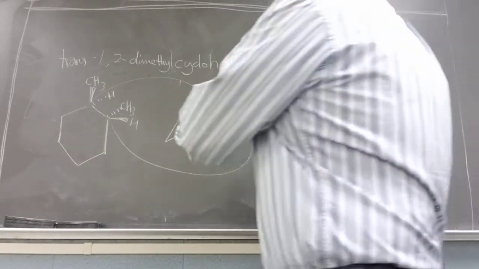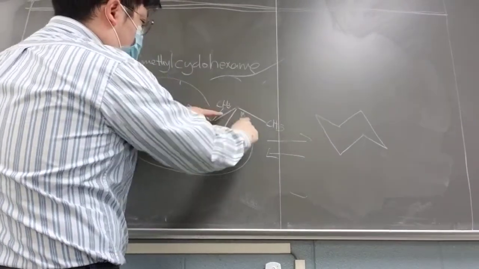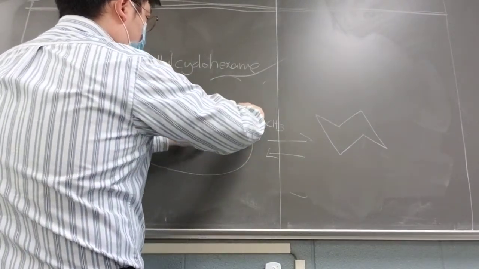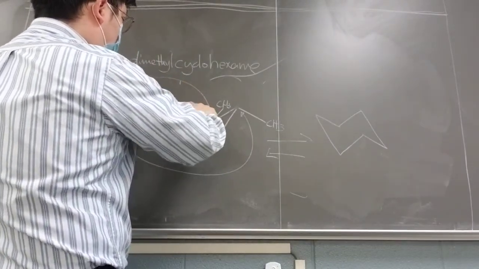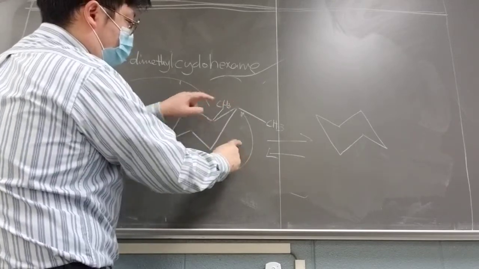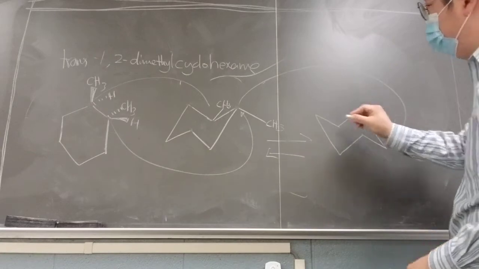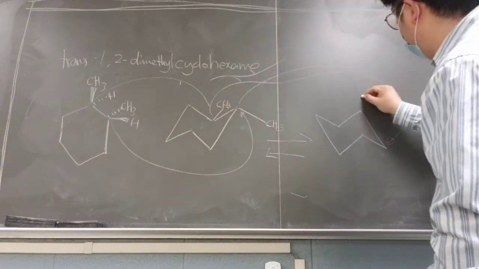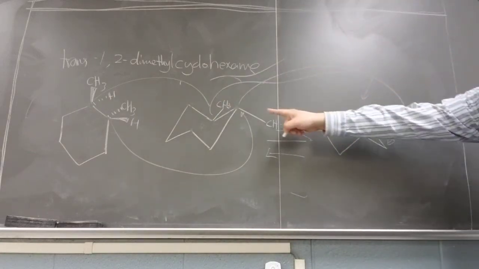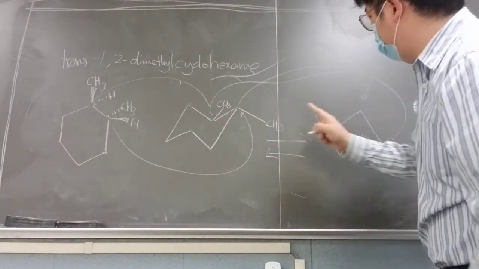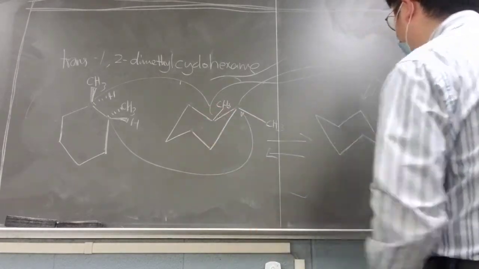So now you're gonna ring flip by just making this way, right? So go this way. So it'll be going this way. Okay? So meaning this position is right there. This position is right here. This one is here. This one is here. So you do the ring flip. Okay?